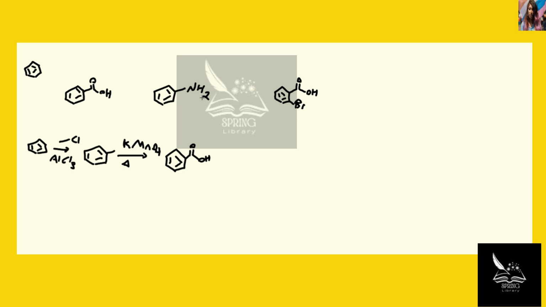However, that first requires generating a benzene ring with some sort of halide attached. Something easier that we could do is add a nitro group, which we already know how to do through electrophilic aromatic substitution, and then reduce that nitro to an NH2.